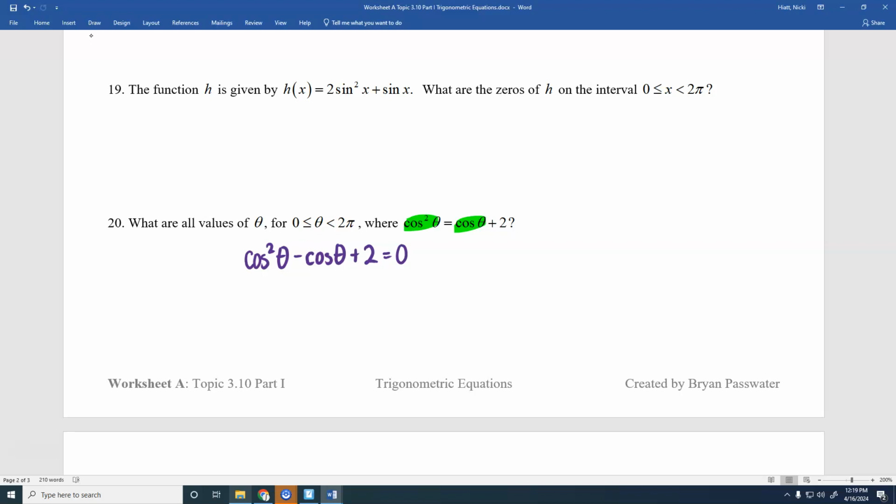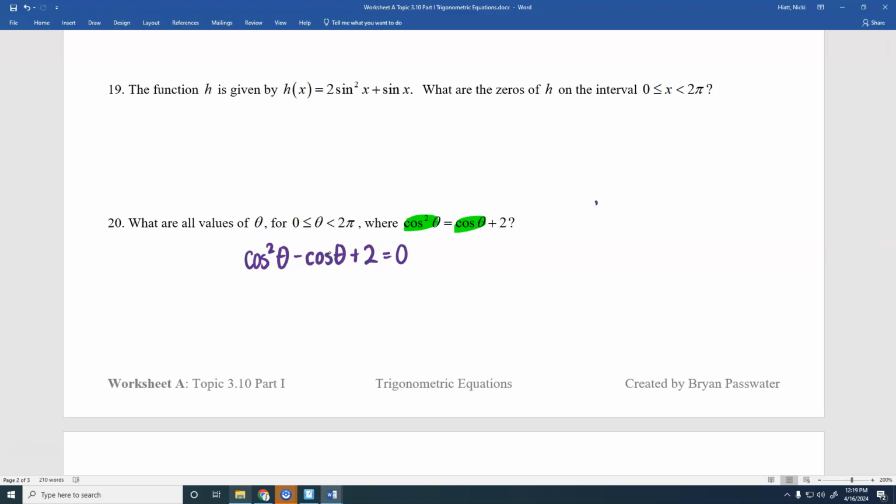Does it have a greatest common factor? Like, could we pull out a cosine? Can I pull a cosine theta out of the 2? No. And you can't move the 2 over to the other side because the 0 product property we're using only works if this equals 0.